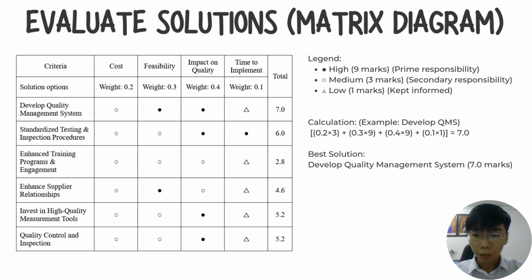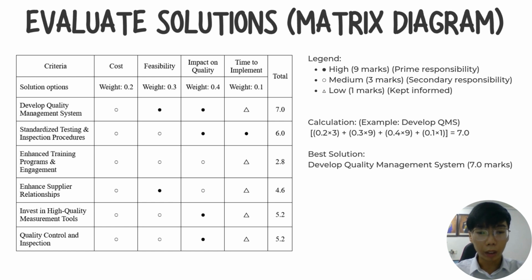After that, there are three symbols which are black dot, white dot, and also pyramid. The black dot means prime responsibility which is given 9 marks. The white dot means secondary responsibility which is given 3 marks. And the last one, pyramid, means keep informed, which is given 1 mark.